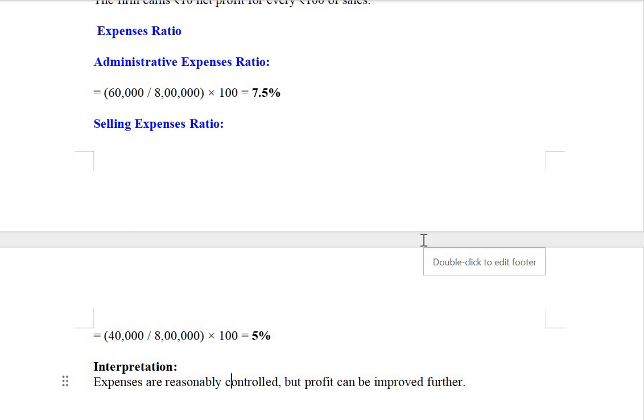Based on that you can say how the particular company has changed in the various ratios, and we can describe the trend of the business.